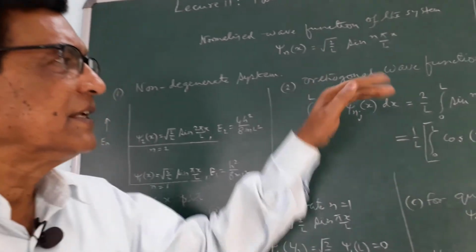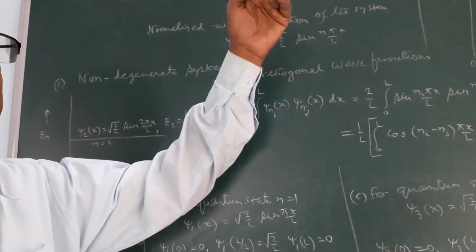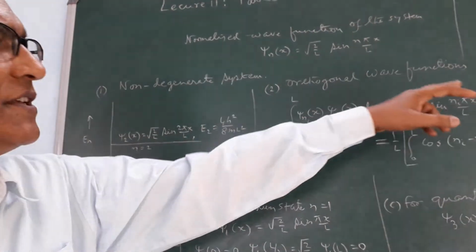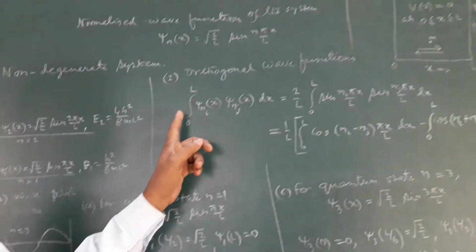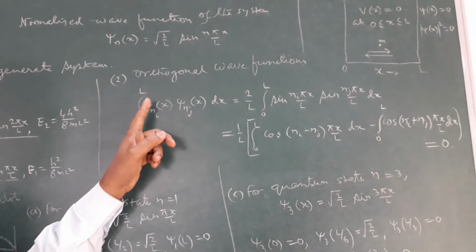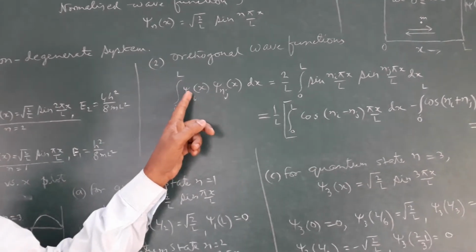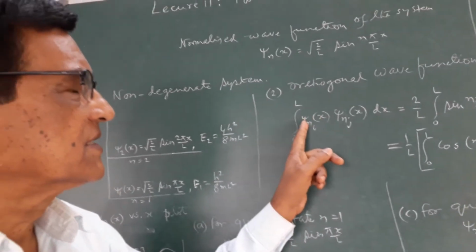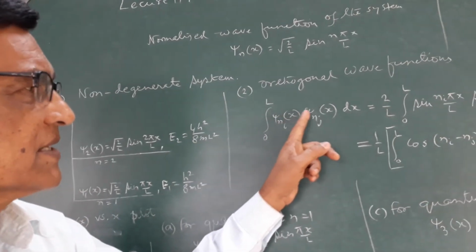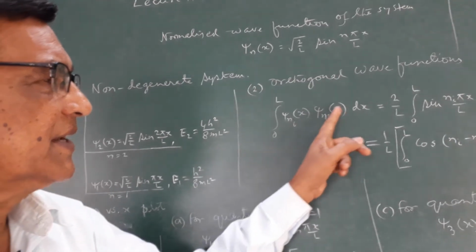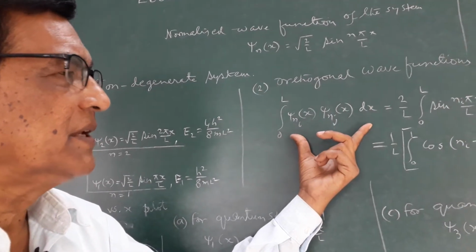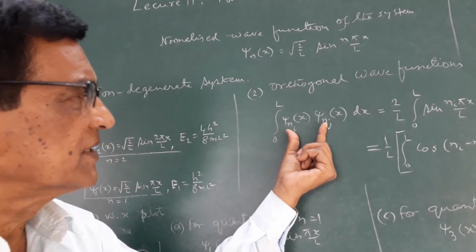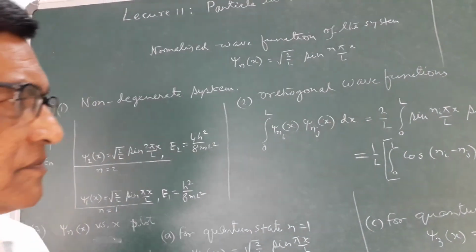As we have seen, it could also be shown that the wave functions are orthogonal to each other. For this system, the integration from 0 to L of psi ni(x), which is a function of x, times psi nj(x) dx must be equal to 0 for these two wave functions to be orthogonal.